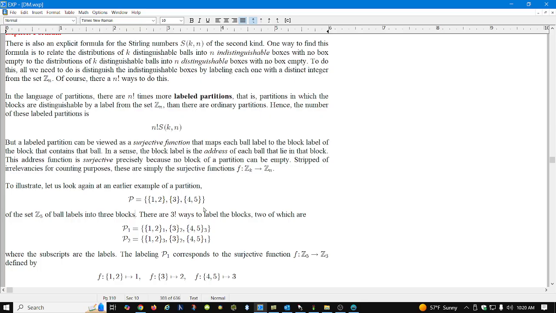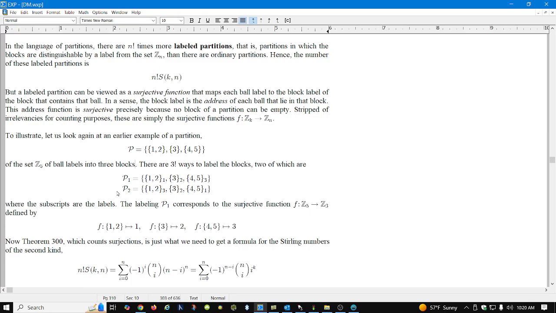Well, there are 3 factorial ways to label these blocks. Here are 2 examples. I'll just use subscripts for labels, 1, 2, 3 or 3, 2, 1. These are different labeled partitions. They're the same partition.